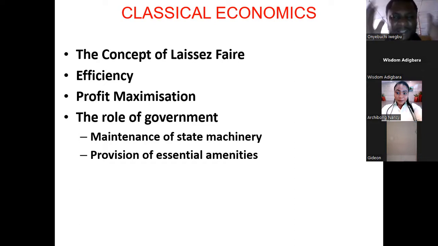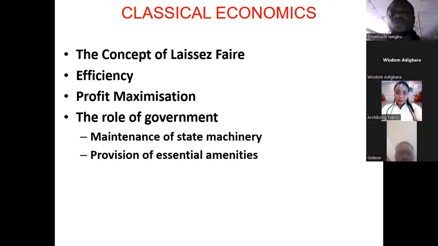Allow the individuals to determine how goods and services will be produced. Okay? And then that leads us to the concept of efficiency. In the classical school of thought, efficiency is very important. Efficiency is emphasized greatly.